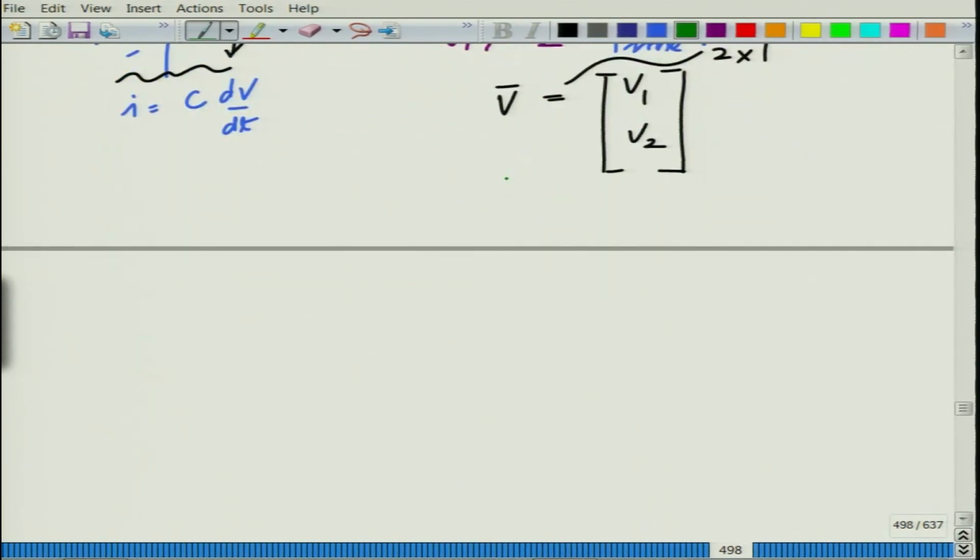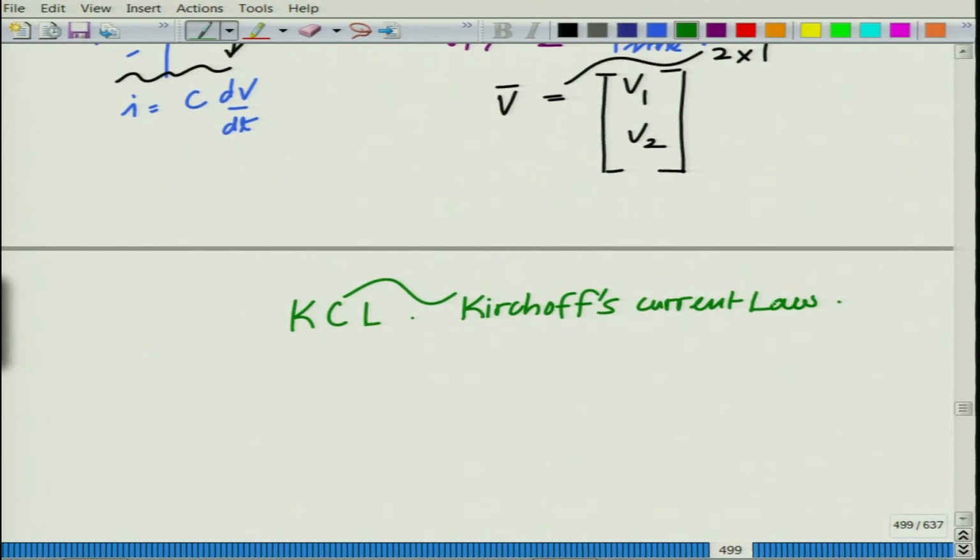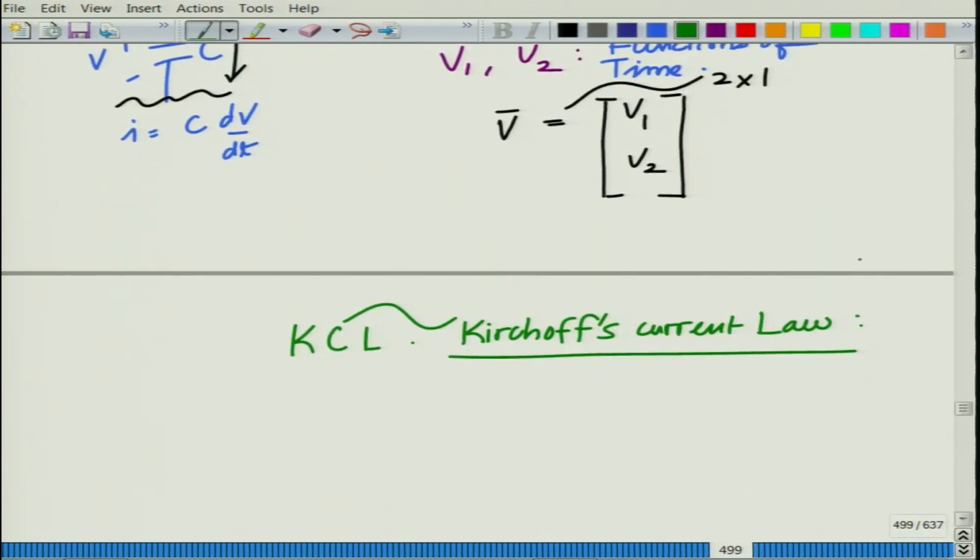To develop the system model, one can write Kirchhoff's current law, which says that the sum of the current flowing into any node, or the net current flowing out of any node, is 0.